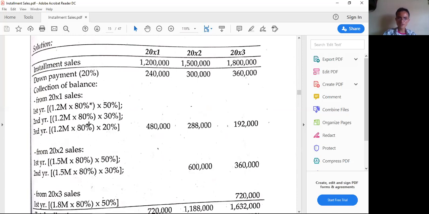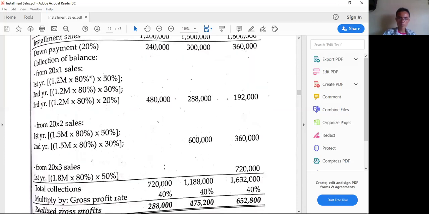So why is it 80%? Because again, the 20% has already been paid. That's the down payment. So 50% of the 80%, that is at 600,000. 1.5 times 80, that could be 1.2 M times 50%, that's 600,000.